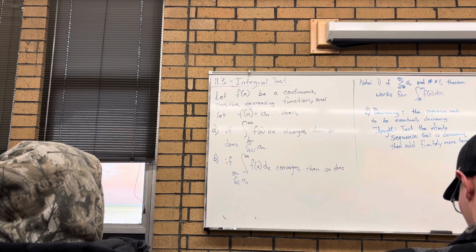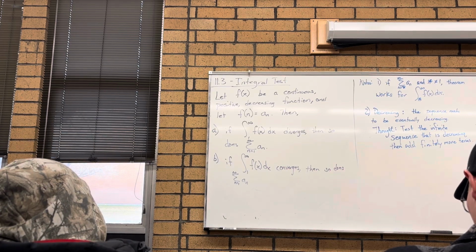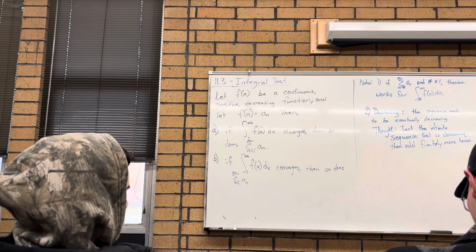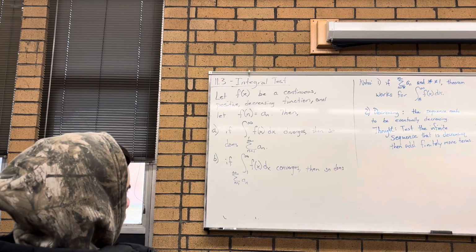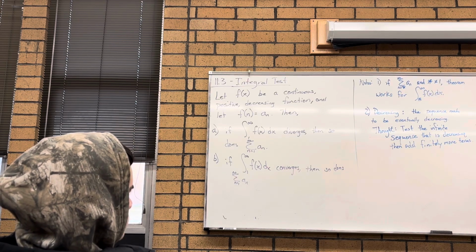So if from n equals 3 to infinity everything's decreasing, that's great. Let's test and see if that converges or not. If it converges, then if I add an n equal 2 and n equal 1 term, I've taken an infinite sum that converges to a finite number, and I've added 2 more finite numbers to it. That's still going to converge.